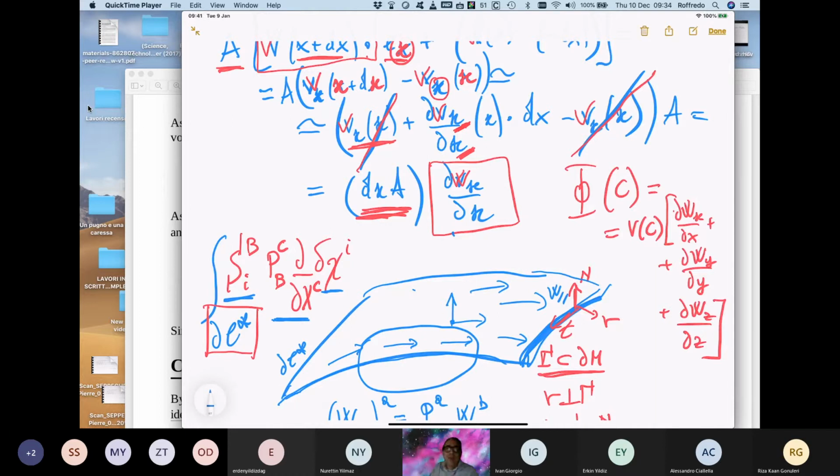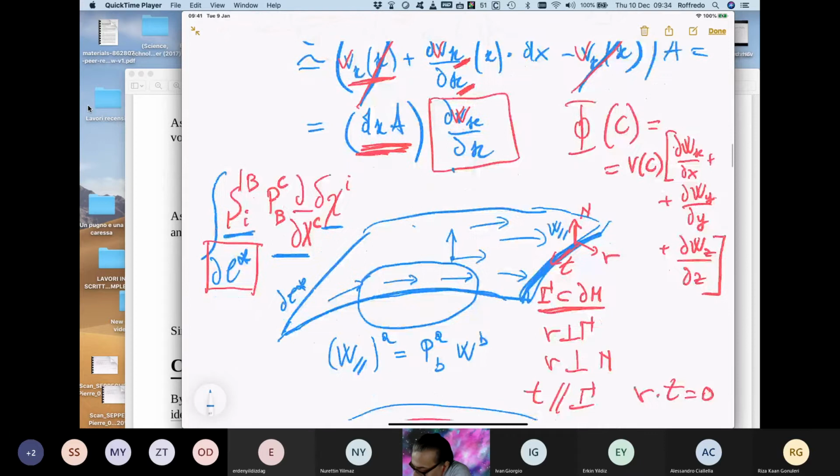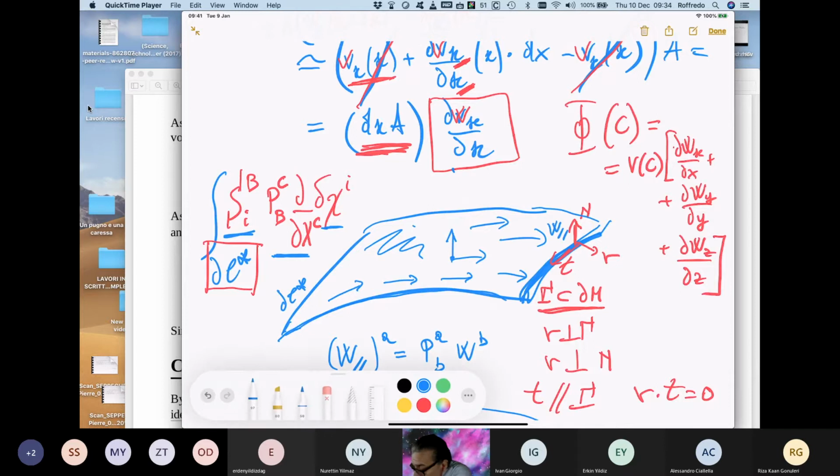So I want to apply integration by parts because I have an integral on this surface. I would like to move this partial derivative.